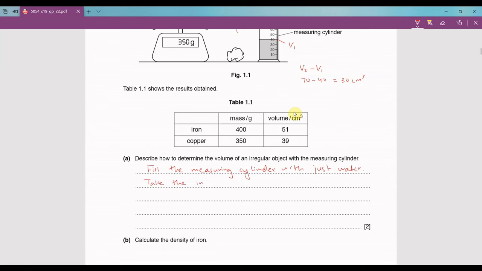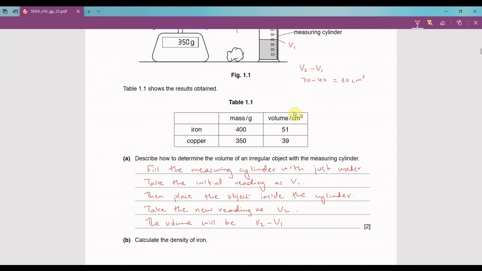Take the initial reading as V1, then place the object inside the cylinder, take the new reading as V2, the volume will be V2 minus V1.